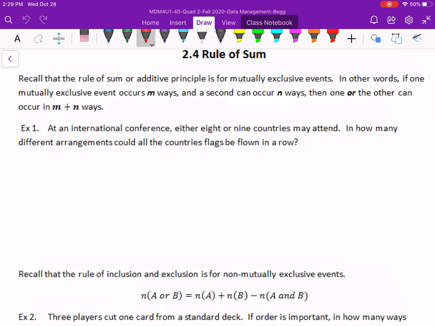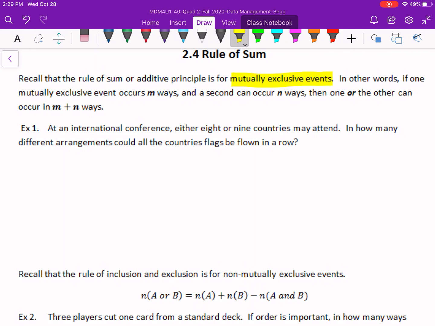Recall that the rule of sum, or additive principle, is for mutually exclusive events. Mutually exclusive events are events where, if you talk about two events, if one occurs, the other one can't. One event excludes the other. So take anything that can't happen at the same time.